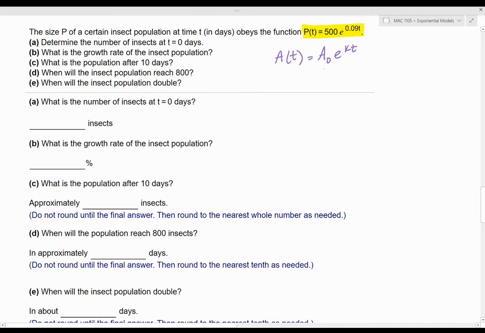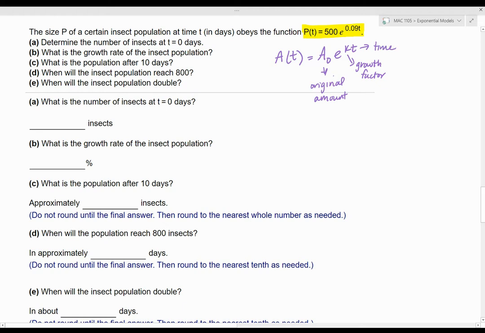From this model, we know that A naught represents our original amount, k is equal to our growth factor, and t is equal to time.